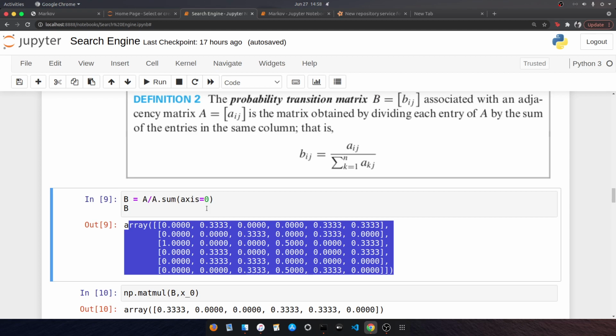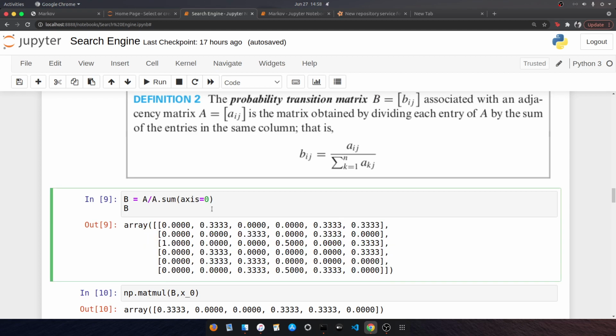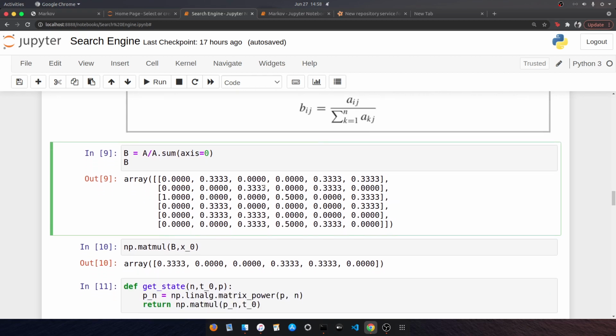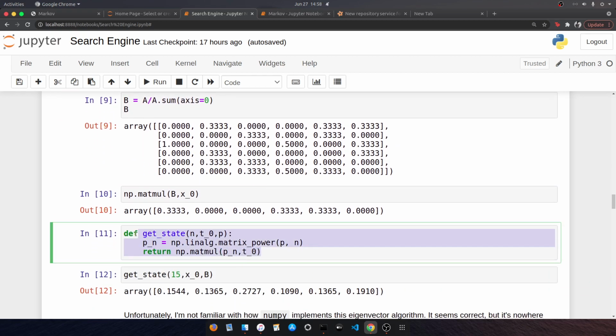So again, going back to our previous lecture, we have a transition matrix and we have a state vector. So we can easily compute what will be the value at any arbitrary time point using what we have learned from the previous lecture. Again, this is the same function that I provided in the previous lecture.